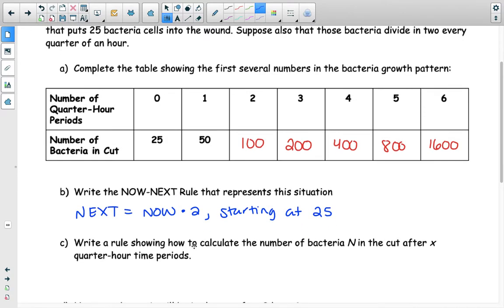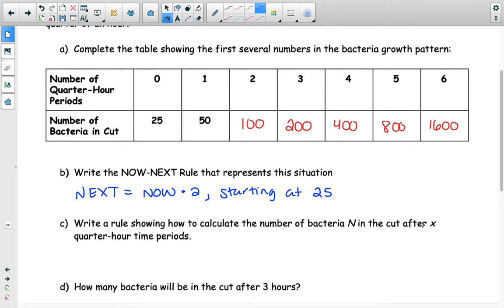So to write a rule showing how to calculate the number of bacteria in the cut after X quarter hours, and that's what we're dealing with, quarter hour periods, we want to use N and X. N is the number of bacteria. So N equals 25, since we started at 25 bacteria, and we're multiplying by 2 each time, raised to the exponent of X. X is the number of quarter hour periods. We have to be very careful on that.